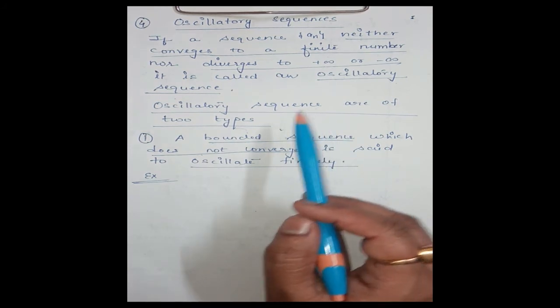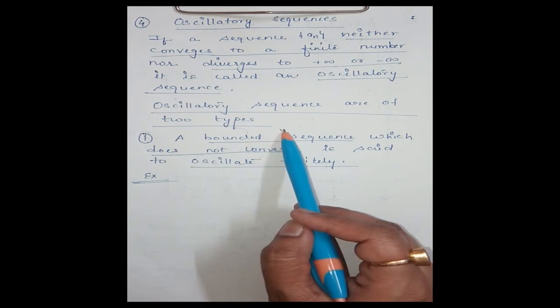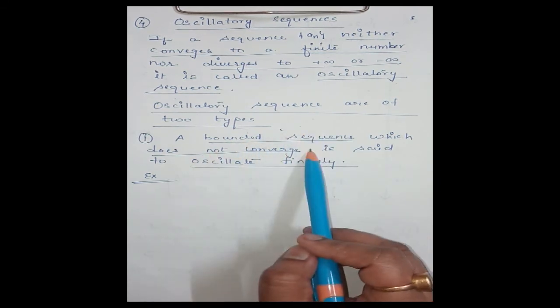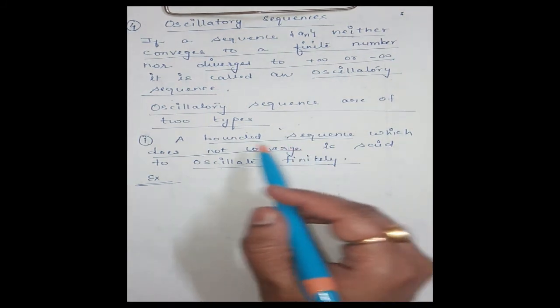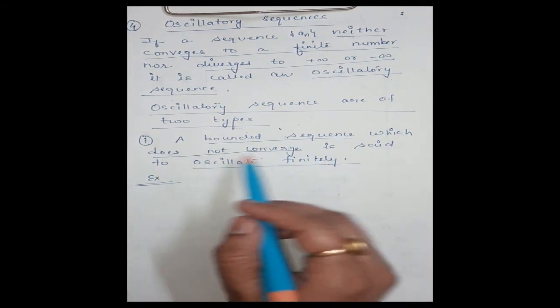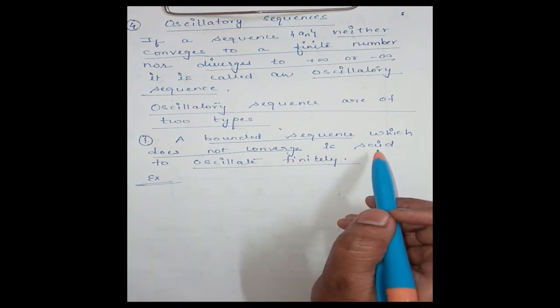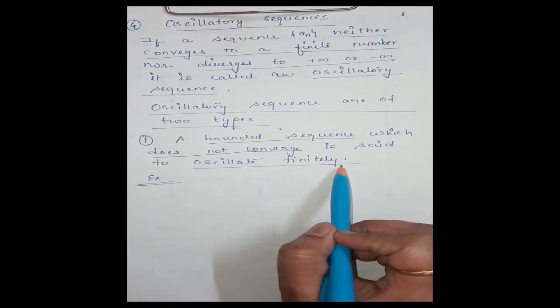This is the first type of oscillatory sequence. We have two points here: first, the sequence should be bounded, and second, it does not converge. Then that sequence is said to oscillate finitely.